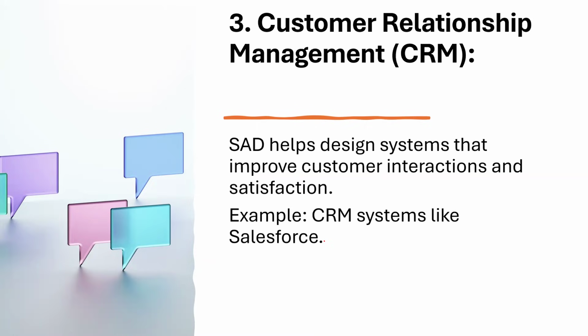System analysis and design helps design systems that improve customer relations and satisfaction. Examples are systems like Salesforce. If you know of Jumia or Konga or AliExpress or Alibaba, most of these have your database because they may require you to sign up to their portal. So they have your information, and once in a while, they help to keep you informed.